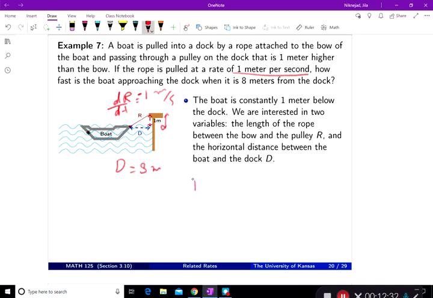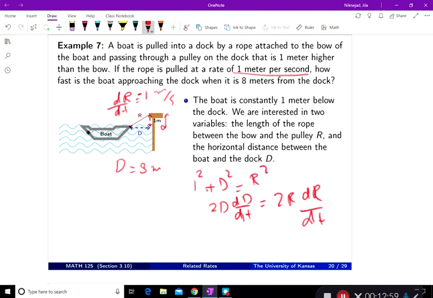It is going to be 1 to the power 2 plus D to the power 2, where D is changing, is equal to R to the power 2. And when I take the derivative, 1 to the power 2 is just 1, so it's going to be 0. And then here 2D, again D is a function of t, the outer function is x squared, the inner function is D, equals 2R dr/dt.